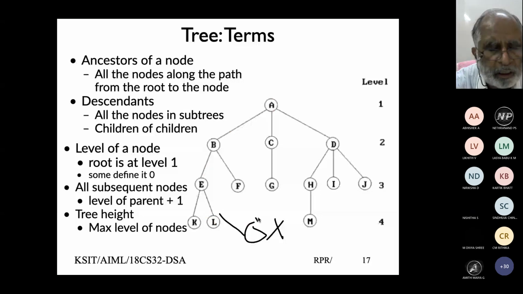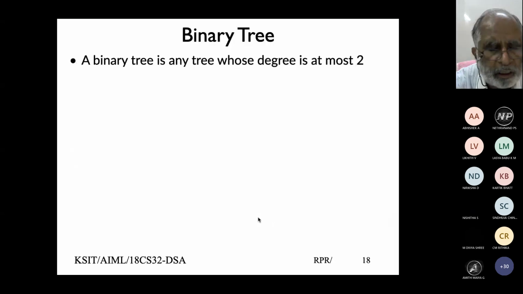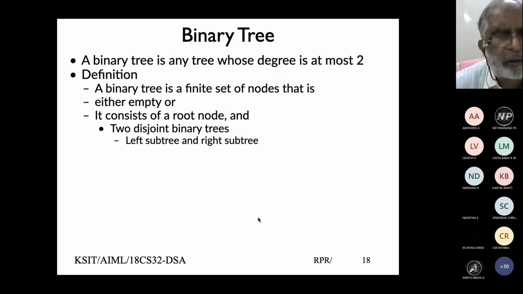Then we looked at the binary tree. A binary tree is a tree of degree 2. That means each node can have only 2 subtrees, and we distinguish between what is called a left subtree and a right subtree.